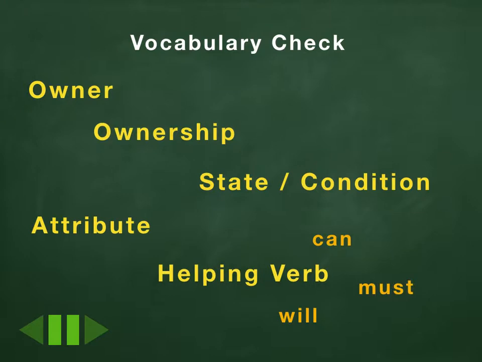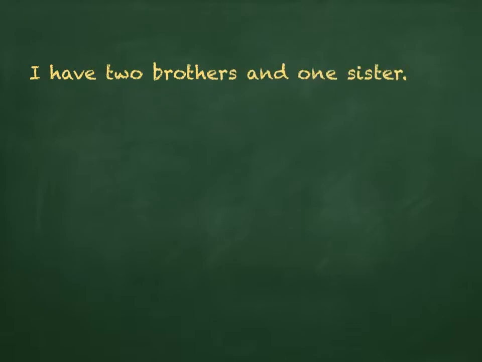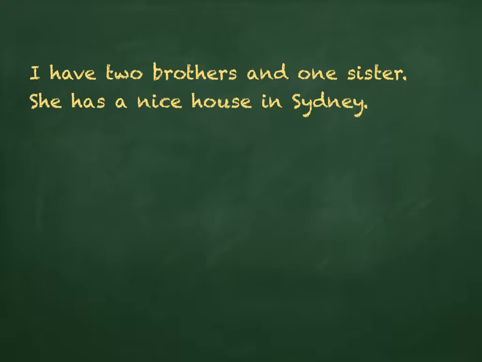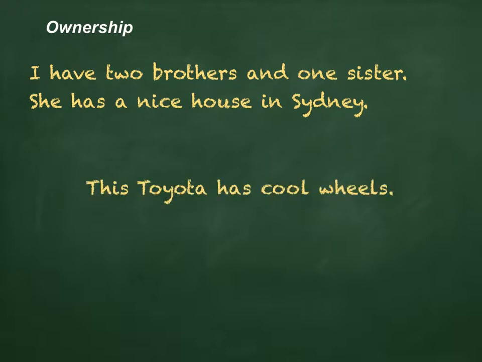Okay, then let's start the lesson as usual with some examples. Here, both sentences contain the verb have, and we can say that this group is about ownership. The next ones are similar.